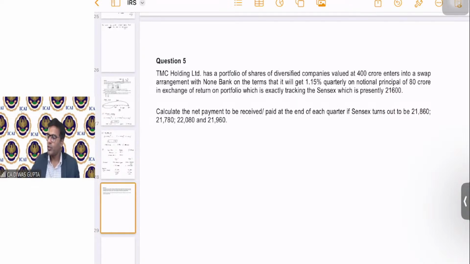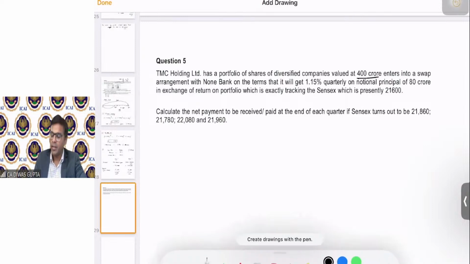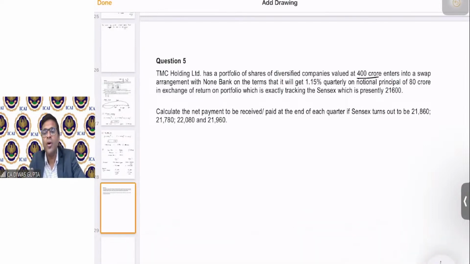So let's move to question number 5, students. Now see, TMC Holding Limited has a portfolio of shares of diversified company valued at 400 crores. Currently, they are having a value of portfolio with them of 400 crores. Enters into a swap arrangement. Okay, this is a question on swap.